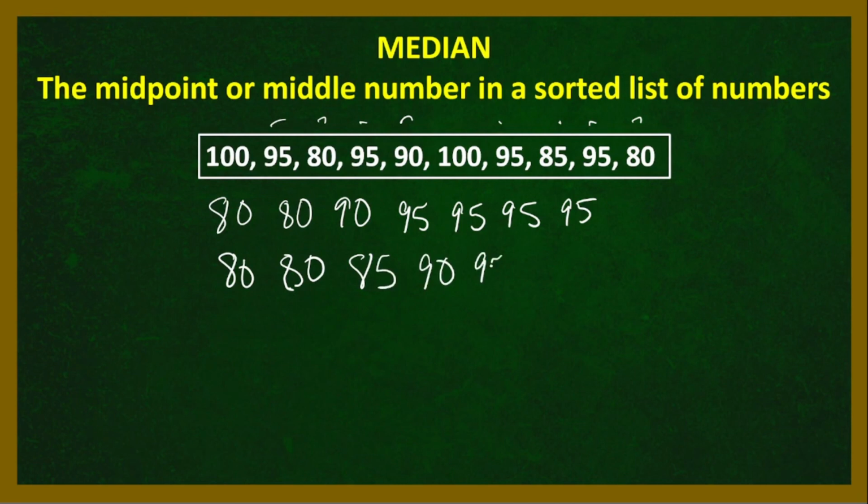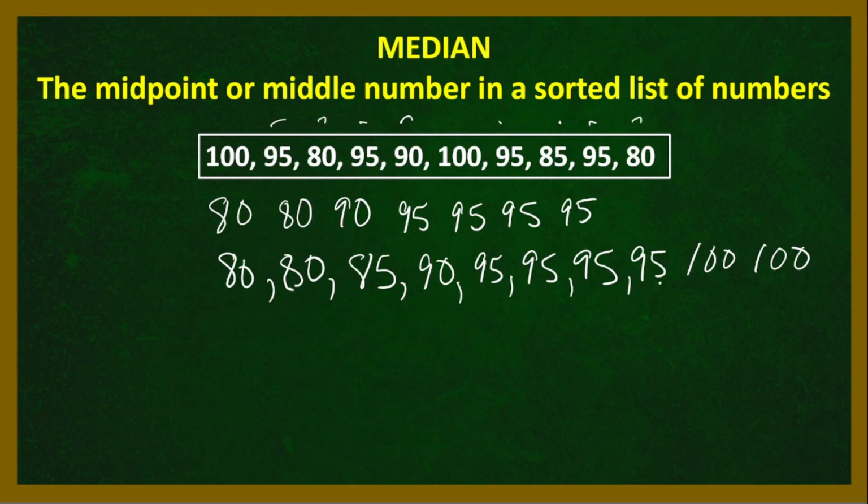And then our 4 95s. And we have 2 100s. So let's see. Just want to make sure I have all 10. 1, 2, 3, 4, 5, 6, 7, 8, 9, and 10.